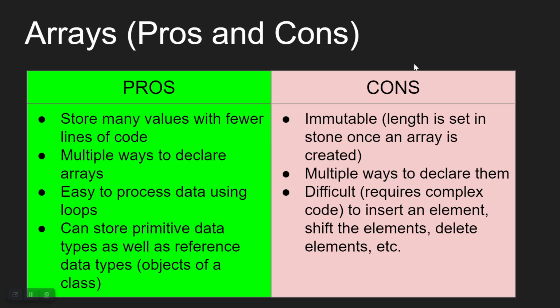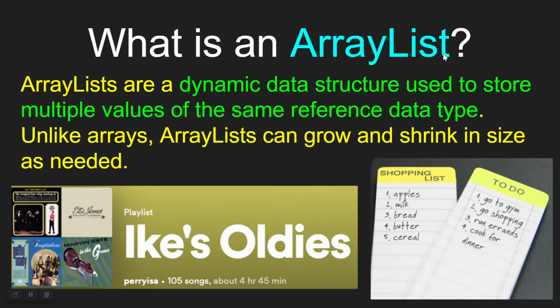So that kind of begs the question, is there something else that we can use that will still give us the benefits of arrays while avoiding some of the cons? And that's where array lists come into play. So array lists are what's called a dynamic data structure that are used to store multiple values of the same reference data type.